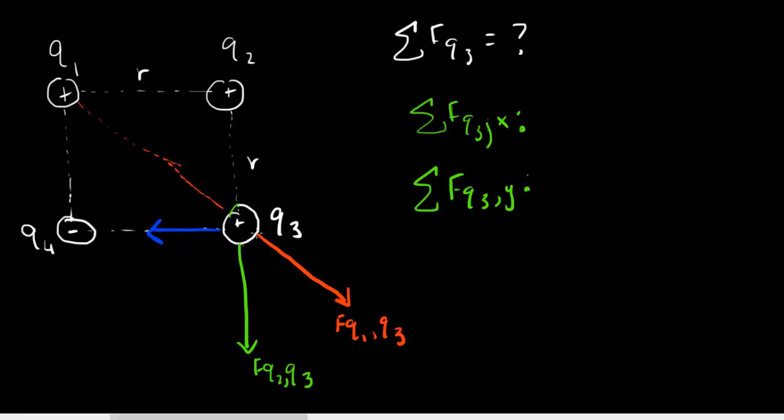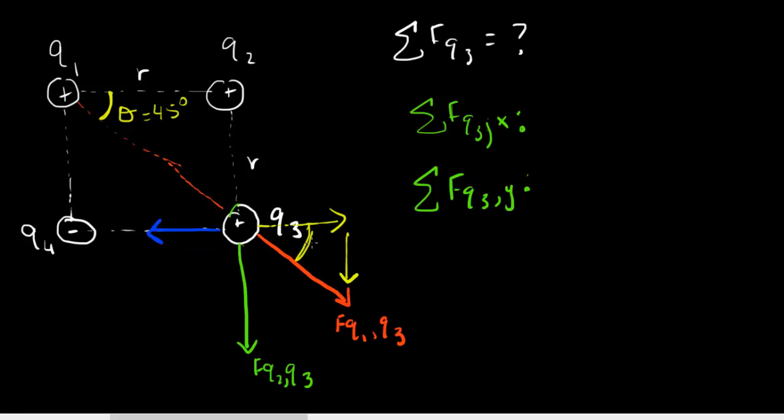We're going to need to break the force between q1 and q3 into components. So the components of this force are going to be this x component and this y component. And what about this angle? Since this is a square, it's going to be 45, right? So this theta is equal to 45 degrees.